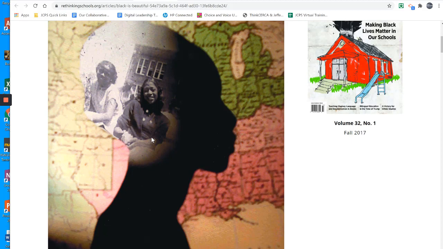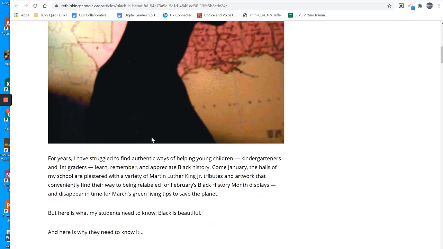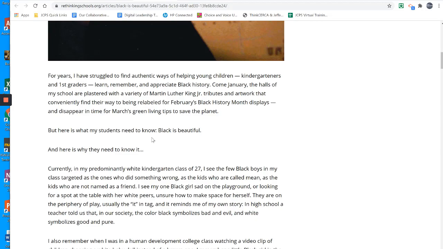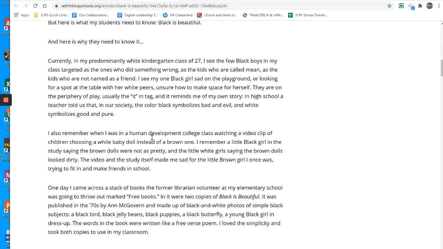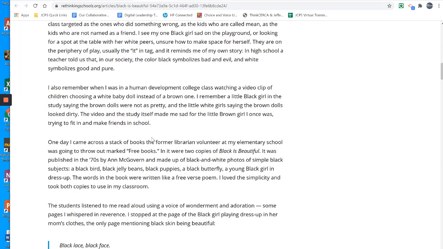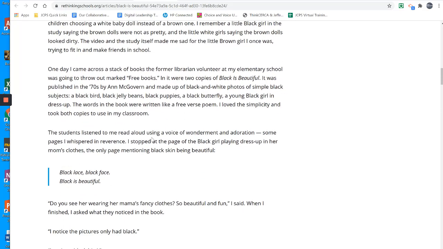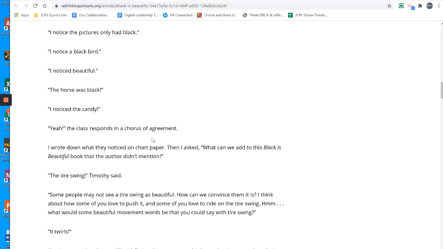In this piece, the writer talks about the use of the term Black is beautiful. She went on a journey with her 27 first graders where she revisited a text from the 1970s called Black is Beautiful. And in that text, she invited students to explore the beauty in the color Black. And she took that journey forward into some other text and more modern pieces.